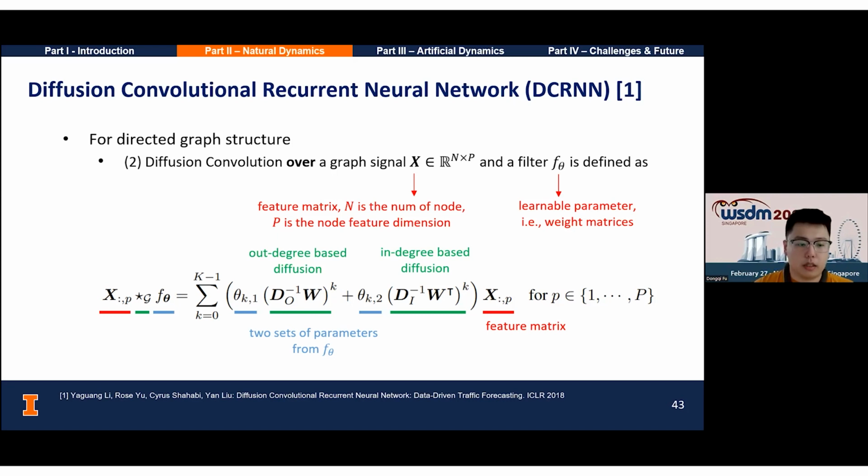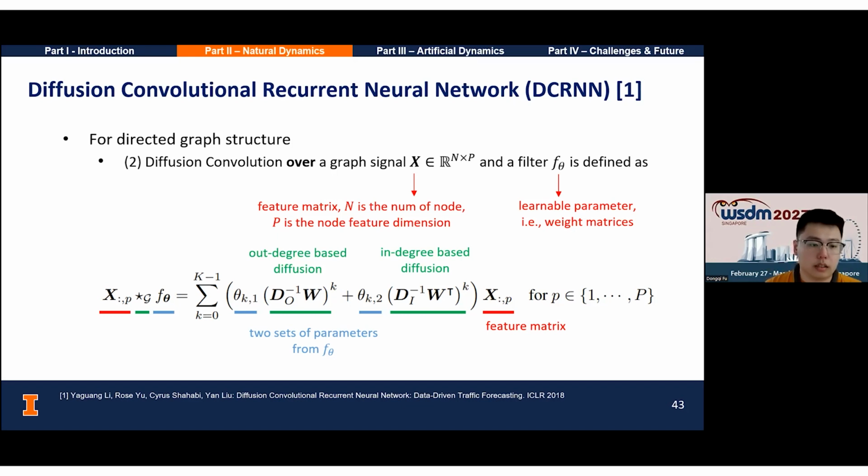With this node feature, we have the in-degree based diffusion and the out-degree based diffusion. For the in-degree based diffusion, similar to what we just discussed, we have the weighted adjacency matrix and the in-degree diagonal degree matrix. For the out-degree based diffusion, again we have the weighted adjacency matrix and the out-degree diagonal degree matrix.